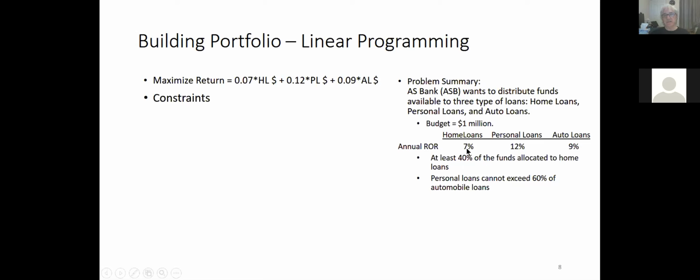And you have the personal loans that cannot exceed, you see, cannot exceed means less than or equal to 60% of the auto loans. This is a linear programming model that you will have to be able to set up as you solve your own problems in chapter 12.